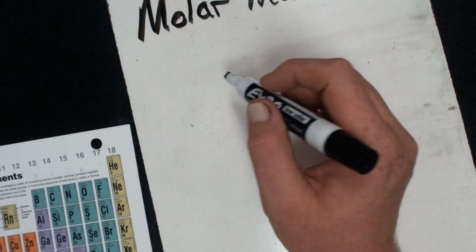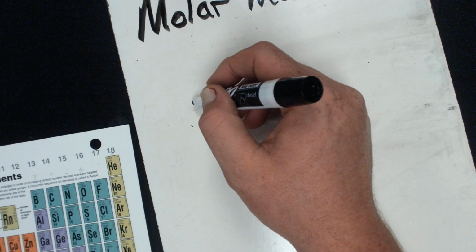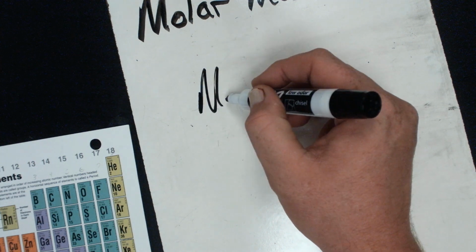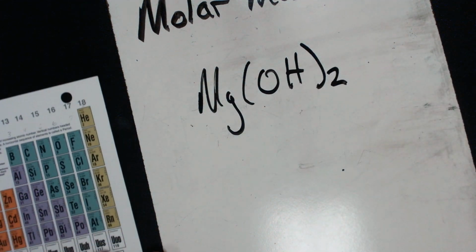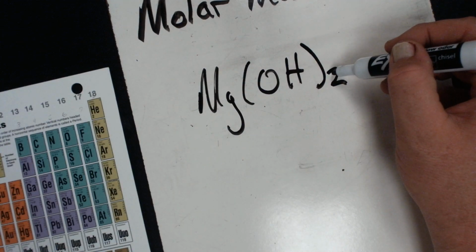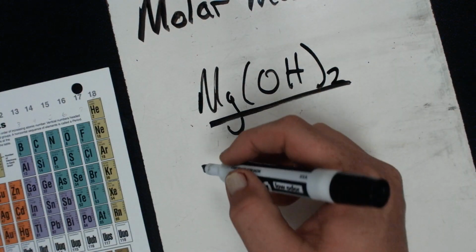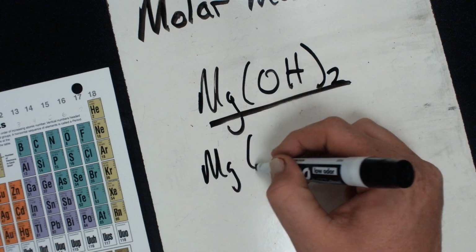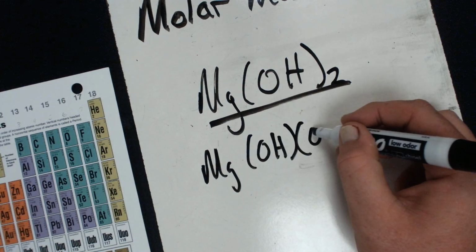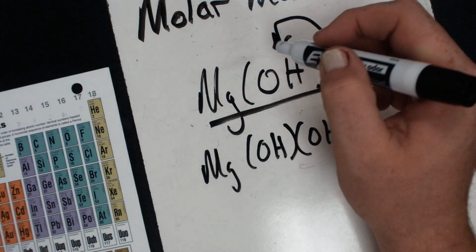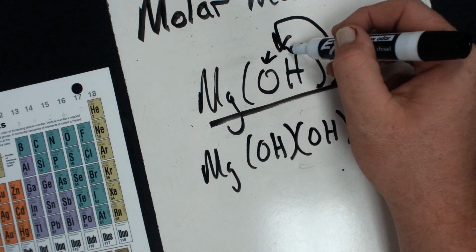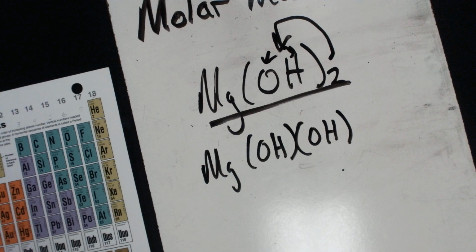What if it was a little bit harder than that? Okay, so let's say MgOH2. So now we have this 2 here, and what this means is we got 2 OHs. We got 2 hydroxides. So you got to double both the oxygen and the hydrogen to get your molar mass.